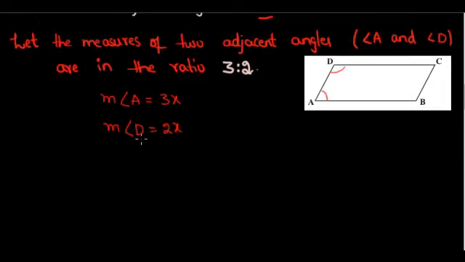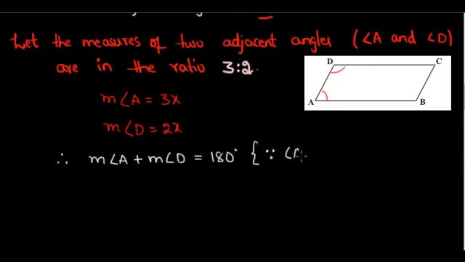Since angle A and angle D are adjacent angles, from the properties of a parallelogram we know that the sum of adjacent angles in a parallelogram is 180 degrees. Therefore we have the measure of angle A plus the measure of angle D is equal to 180 degrees.